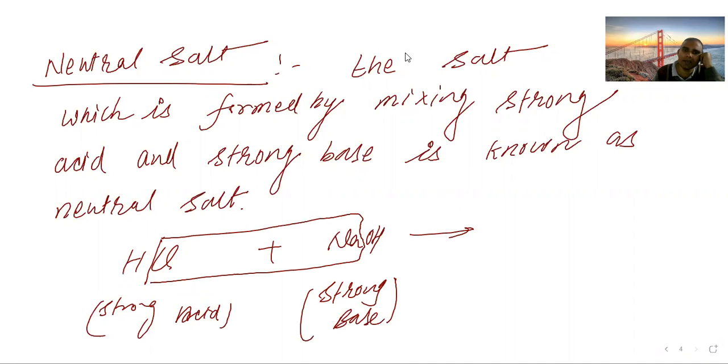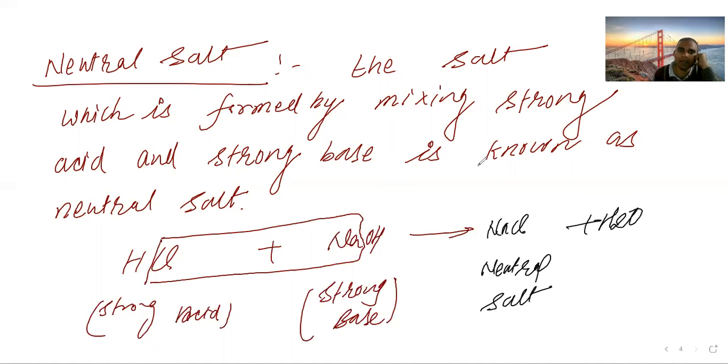Here NaCl is the neutral salt having pH 7, and this is the water. So the salt of strong acid and strong base is known as neutral salt. It has pH 7.